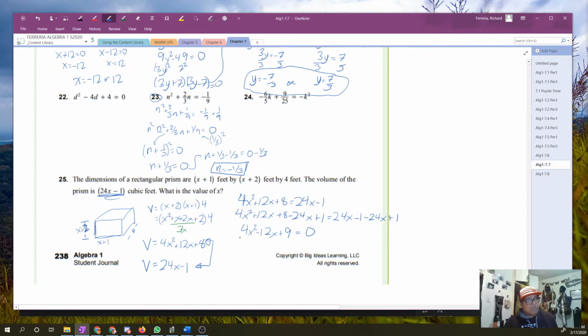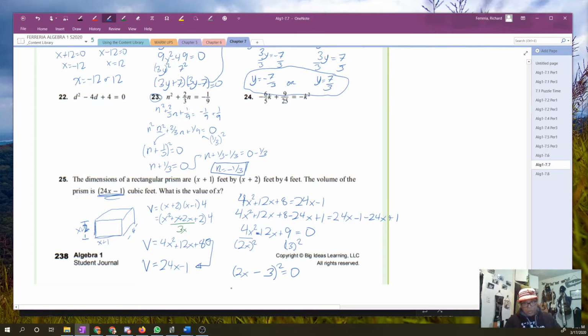And whoa, look at what we got here. This is a perfect square. That is 2x squared. This is a perfect square. That is 3 squared. So when you factor that, you're going to get a 2x, you're going to get a 3, and this is a minus here. So that's going to be 2x minus 3 squared equals 0. All right, now you're going to just have to solve this.